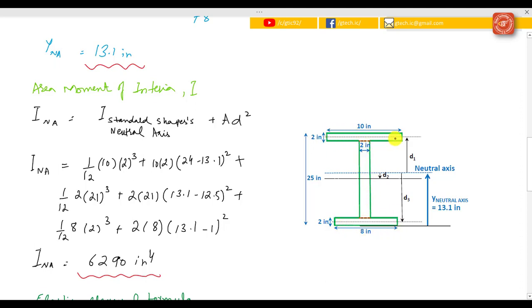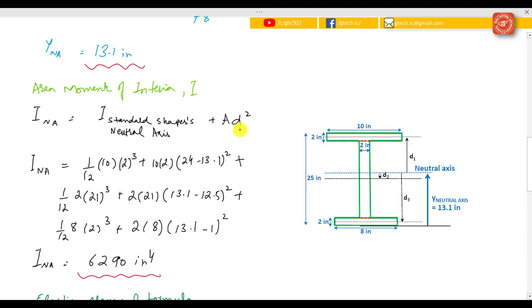For the first rectangle, the moment is 1/12 times base, that is 10 inches, times its height, 2 inches, cubed. Then the moment of the second rectangle is 1/12 times 2 times 21 cubed, and similarly the moment of the third rectangle is 1/12 times 8 times 2 cubed.